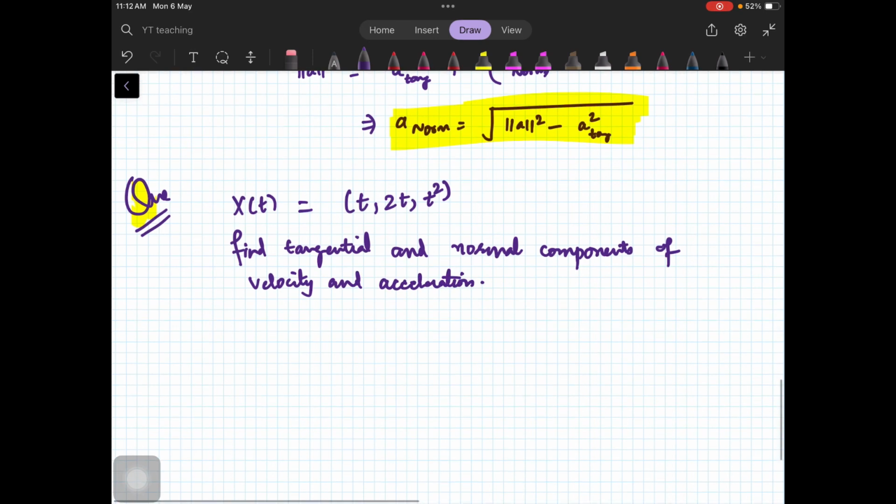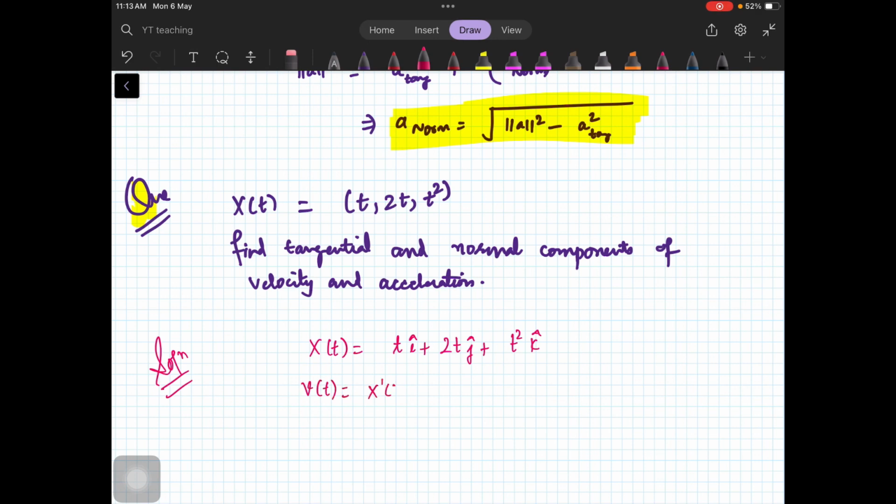So if you look at it, x of t is t i cap plus 2t j cap plus t squared k cap, then your velocity vector would be x prime t, and that would be 1 i cap plus 2 j cap plus 2t k cap.